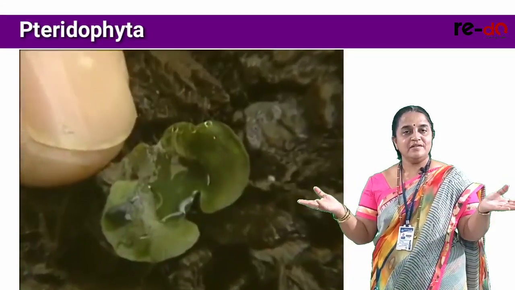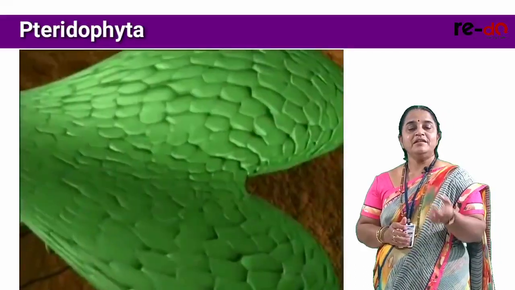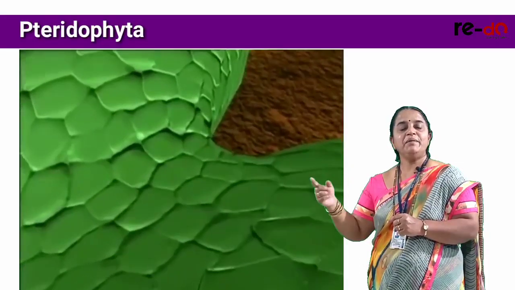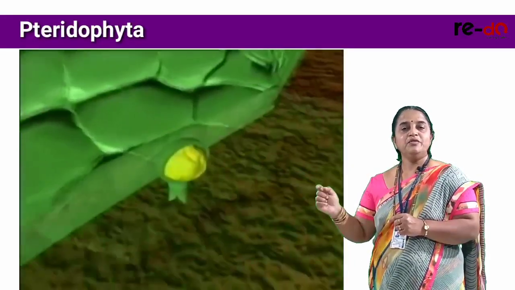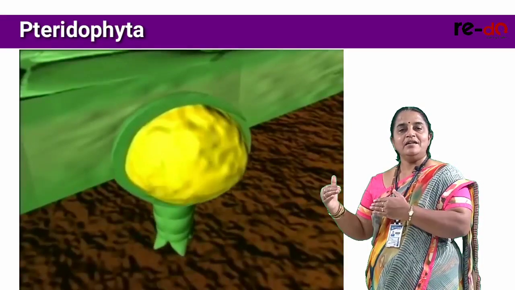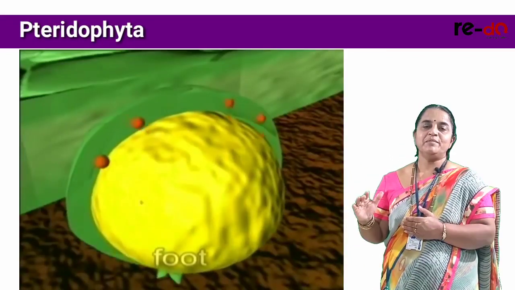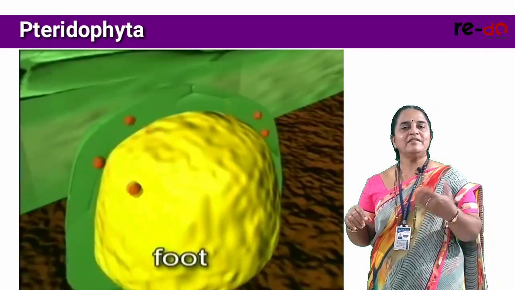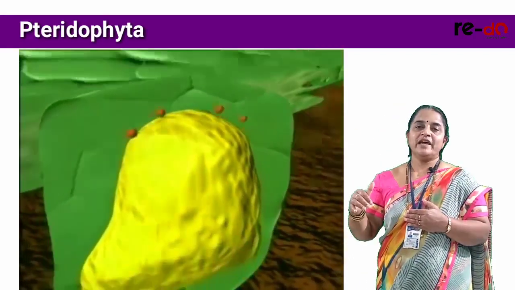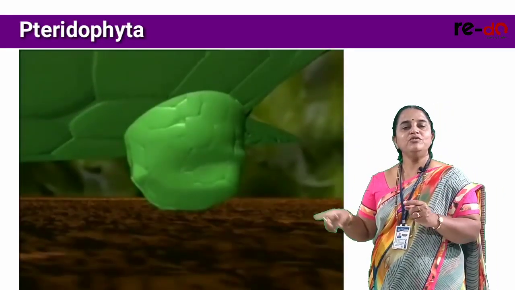Spores disperse. Attaining favorable conditions, they germinate, giving prothallus. It is a gametophytic independent stage, producing Antheridia and archegonia. In that, by gametogenesis, antherozoid and egg will develop, representing male and female gametes respectively. Antherozoid moves towards the egg, fuses to form a zygote, and the zygote develops into a new sporophyte.